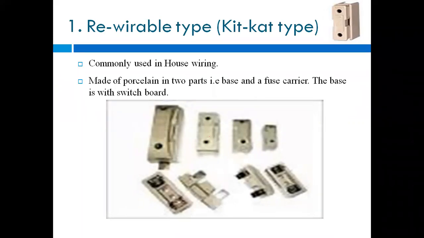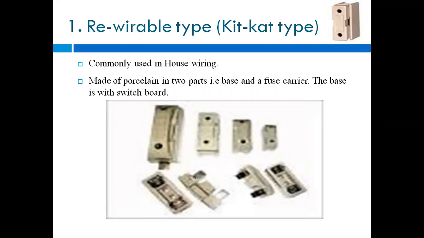It is commonly used in house wiring and made of porcelain in two parts. First is the base and a fuse carrier. So this is the base. You can see here the pointer, or at your home also you can check.